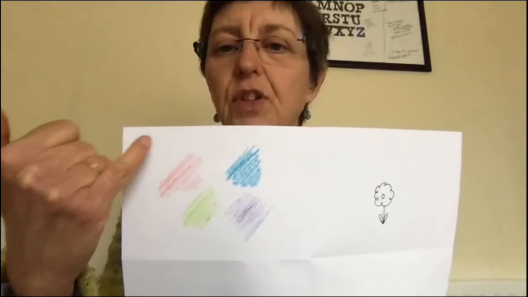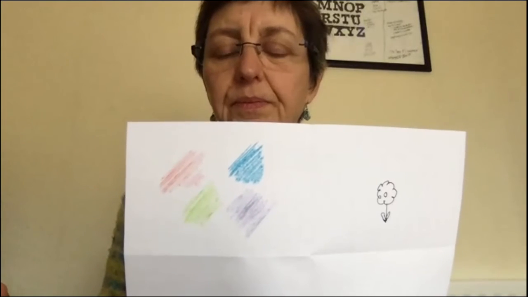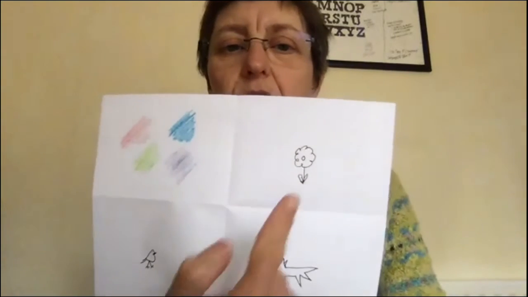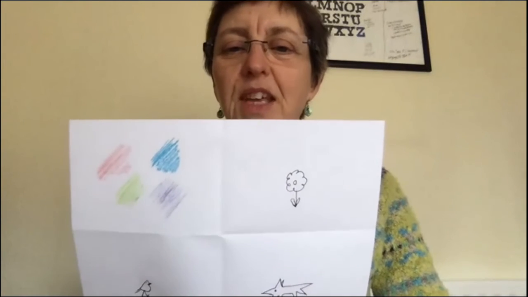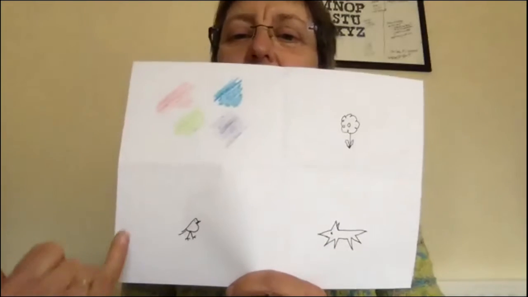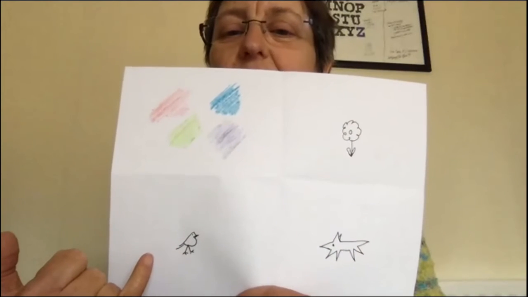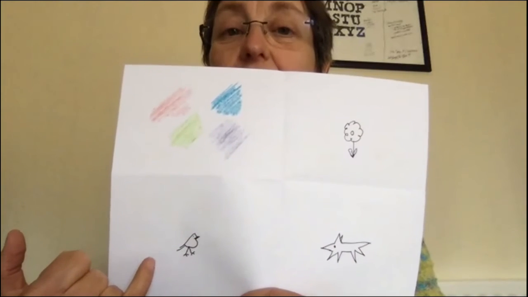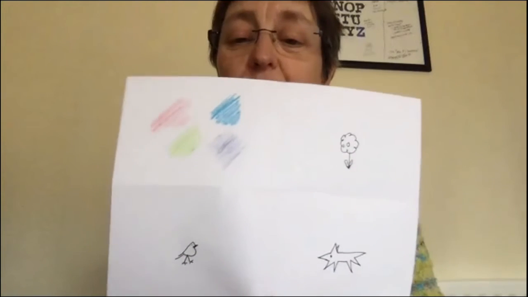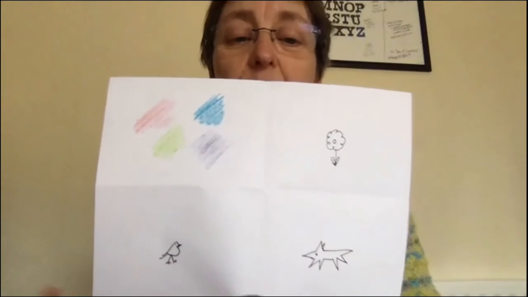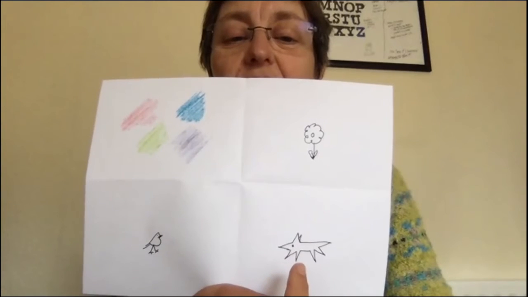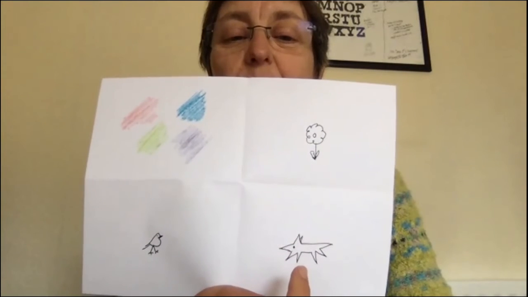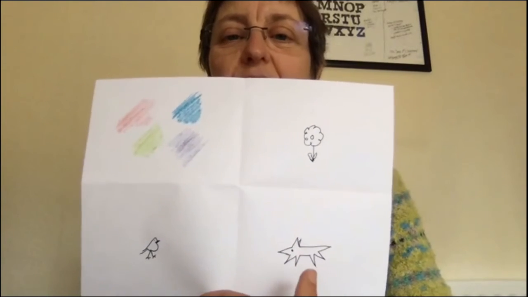Now, just write colour if you want. And section 2 at the top is, if this character was a flower, what kind of flower would they be? And section at the bottom, if this character was a bird, what kind of bird would they be? And in that section, if this character was an animal, what kind of animal would they be?